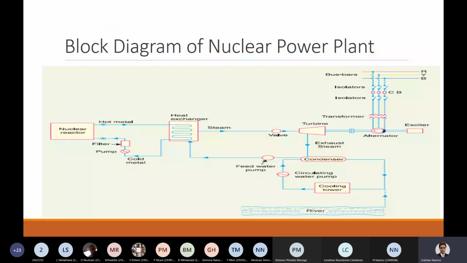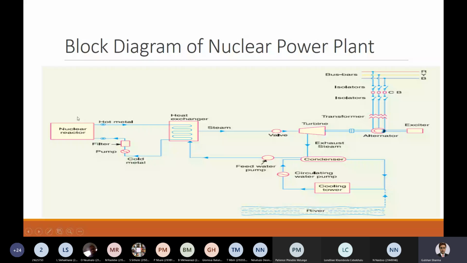This is the block diagram of a nuclear power plant. First I will show you the working of this nuclear power plant, and after that we will discuss each and every component in detail. So, guys, you can see that this is the complete representation of your nuclear power plant. The working of the nuclear power plant is very similar to your thermal power plant.